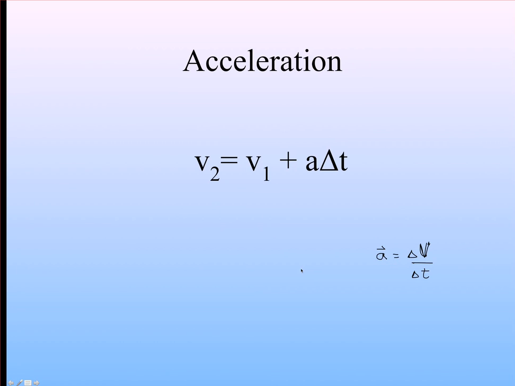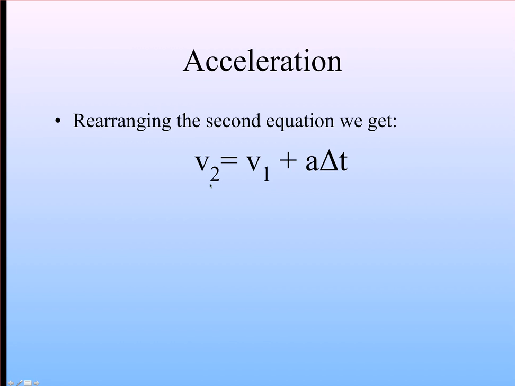We can also rearrange that second equation to say that v2, or your final speed, equals your initial speed plus a delta t. Remember that a delta t equals a change in velocity. We took a look at that just now. So this is your change in velocity. Here's your final speed, here's your initial speed, and here's your change in speed.